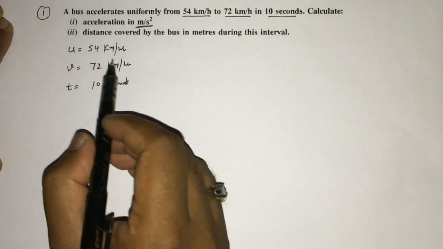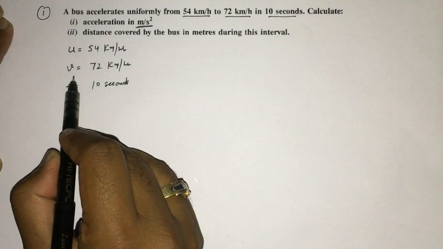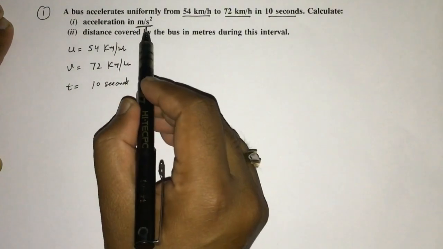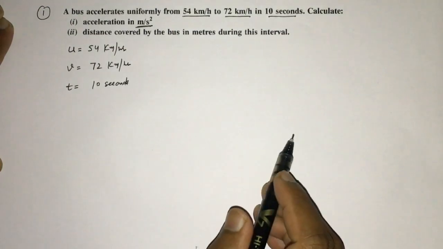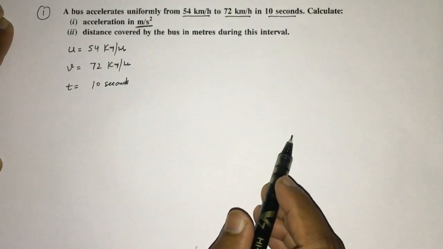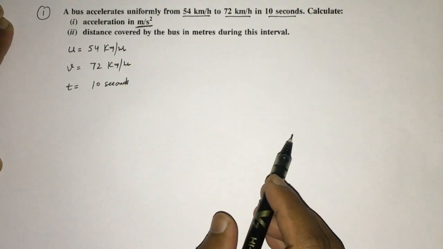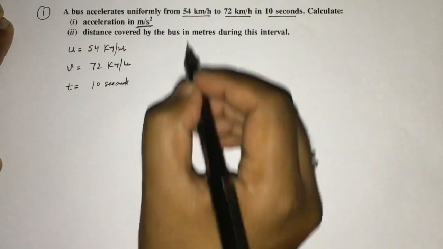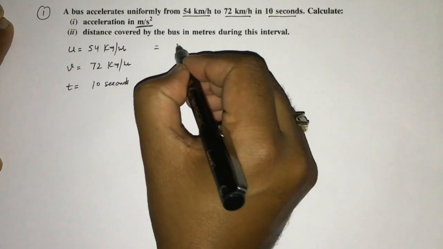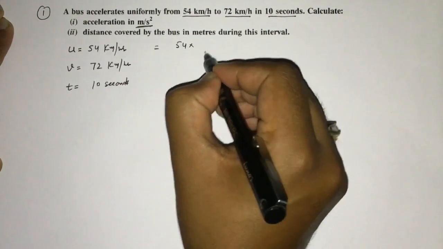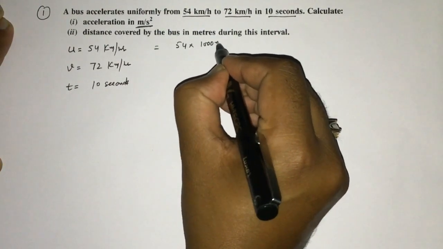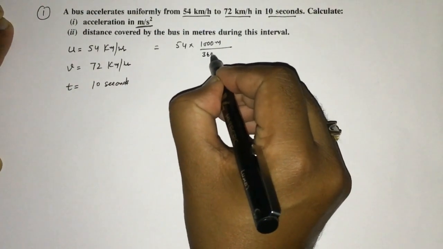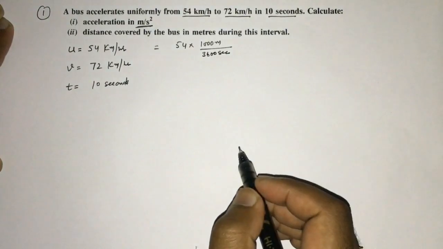Now look, the initial and the final velocities are given in kilometer per hour. We need to convert them into meter per second, the SI unit of speed or velocity. How to convert kilometer per hour into meter per second? 54 kilometer means 1000 meter and 1 hour is equal to 3600 seconds.